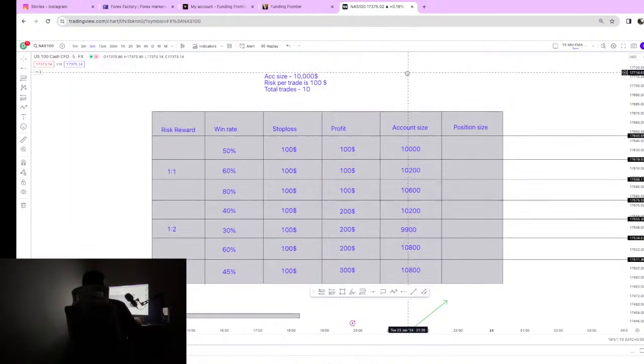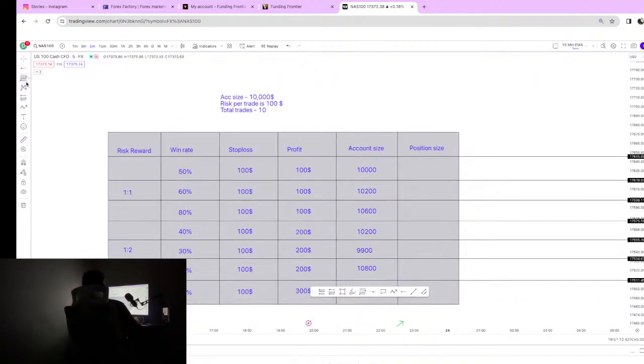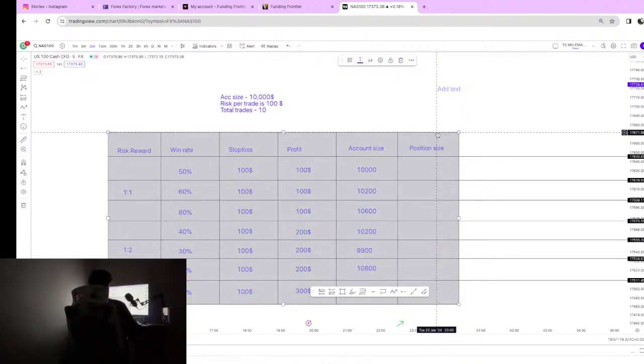Let me explain. Right. So I have given you for 10 trades, make it 100 to make the calculation easier, right? Calculate for 100, then we'll divide it by 10. Okay. So 45% is the win rate. That means out of 100 we are winning 45 trades, right? 45 into 300, what is it? 13,500.